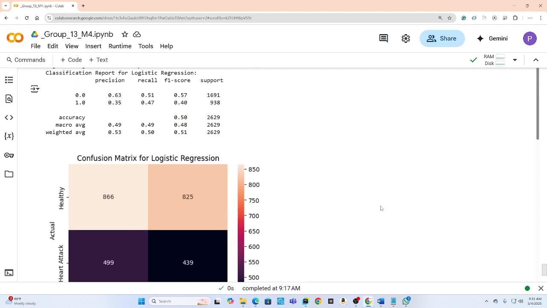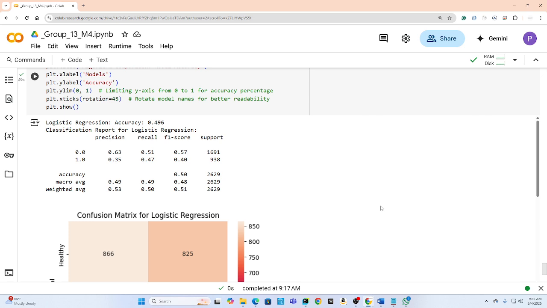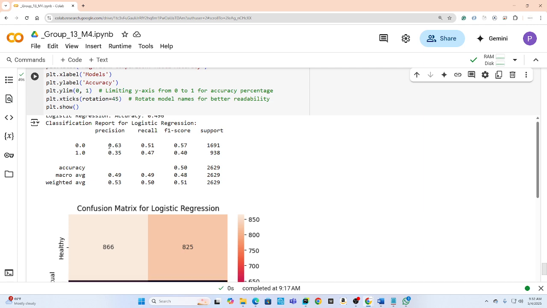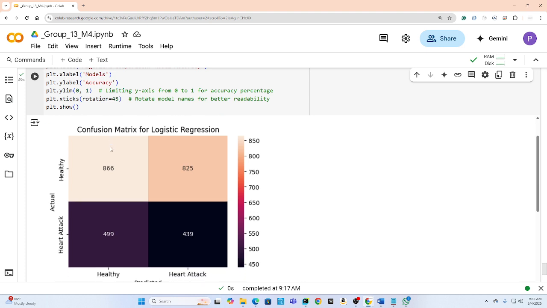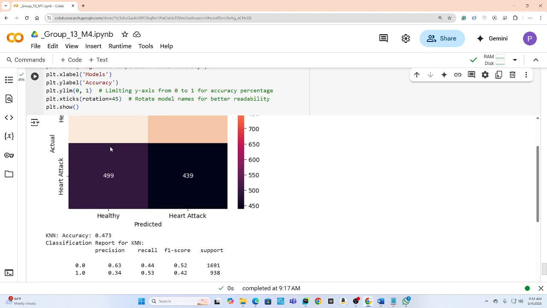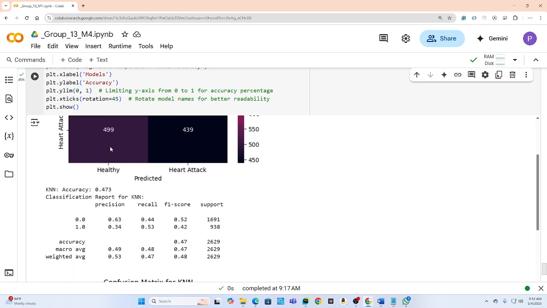In our accuracy chart here, we see that logistic regression has a 0.49 accuracy in terms of delivering the proper prediction of a person being subject to a heart attack.